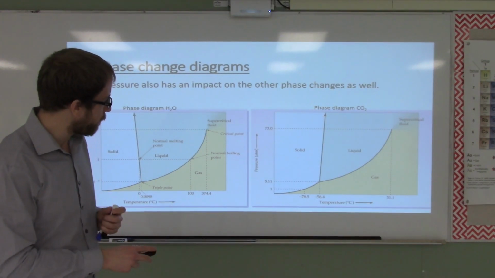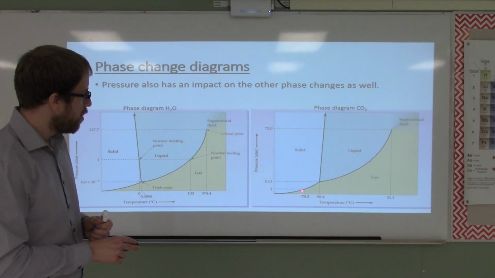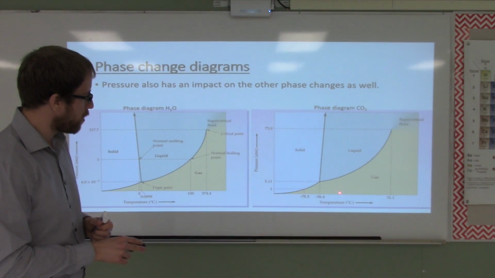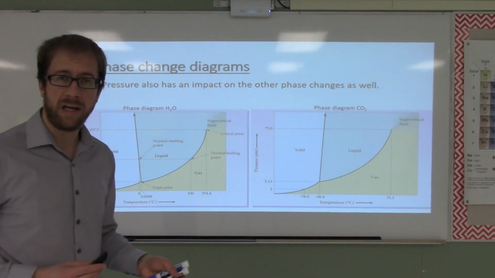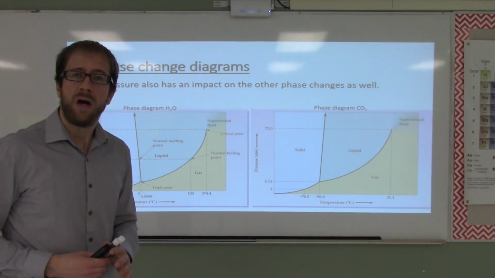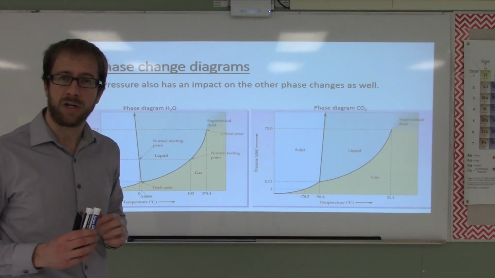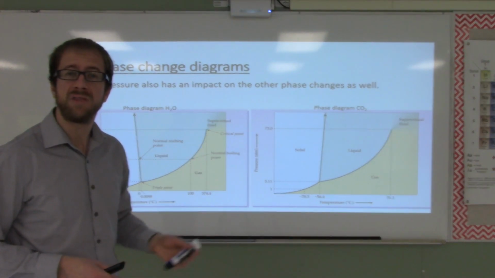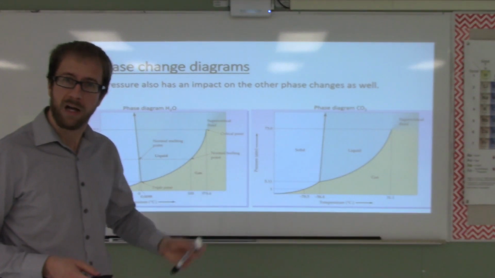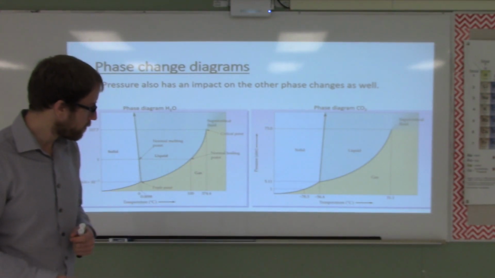And if we look on our graph here, at 1 atmosphere of pressure, where does it start transitioning from a solid to a gas? Well, that's at negative 78.5 degrees Celsius. So if you're at 1 atmosphere of pressure and you put some dry ice on the counter, what temperature will it be? Well, it's going to be at negative 78.5 degrees Celsius because it's changing states.